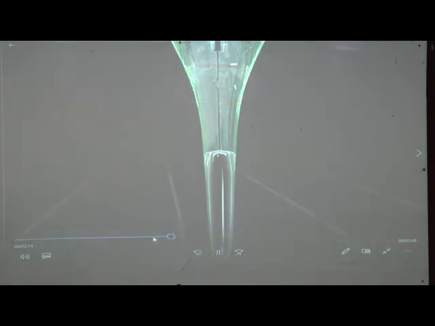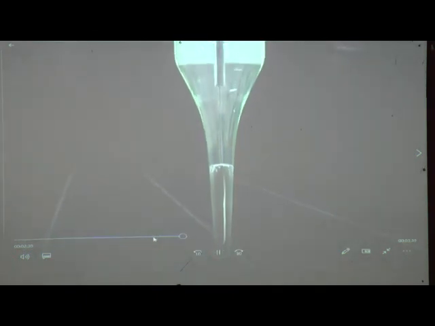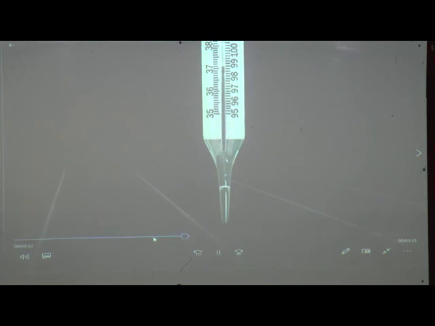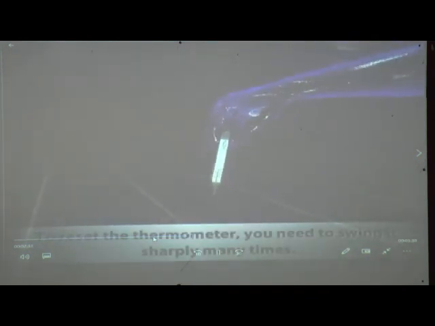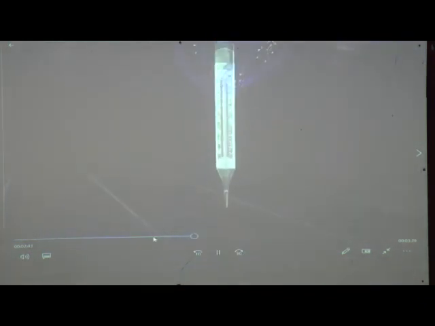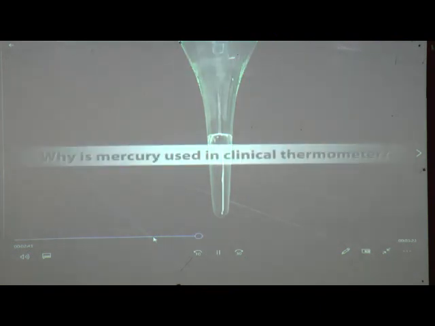You can also say that the mercury color breaks at the constriction and is unable to return to the bulb, thus remaining stationary in the tube. To reset the thermometer, you need to swing it sharply many times so as to make the mercury column return to the bulb. Why do you think mercury is used in a clinical thermometer?